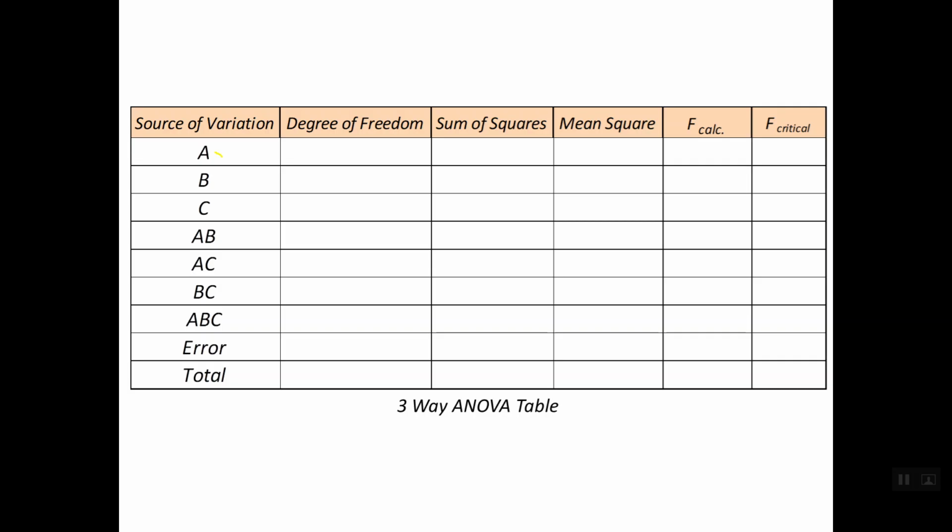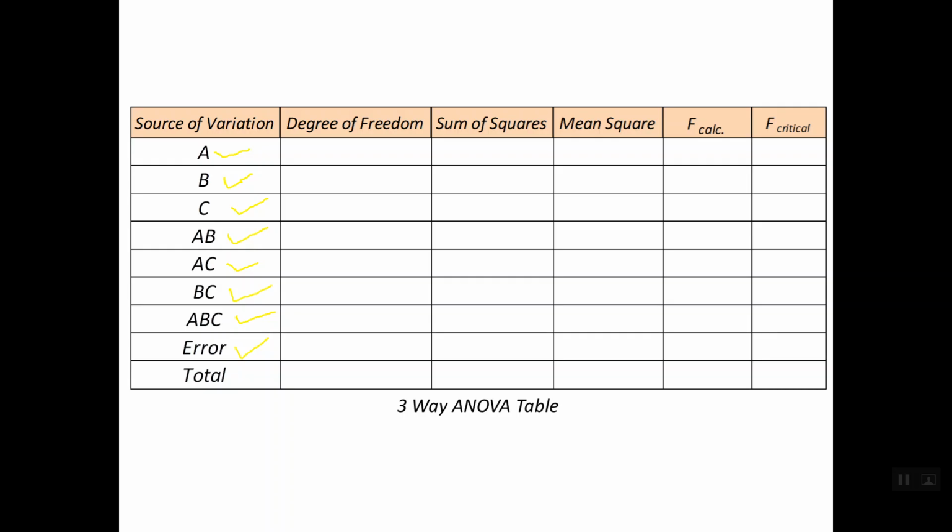We have the source of variation for factor A or main factor A, main factor B, main factor C, and regarding the interaction between A and B, A and C, B and C, A, B, C. So the total here is 7. And finally, we have the source of variation, which is the error.